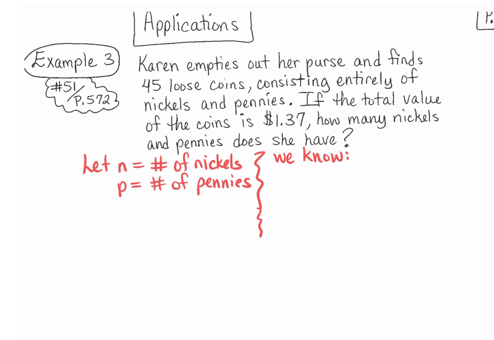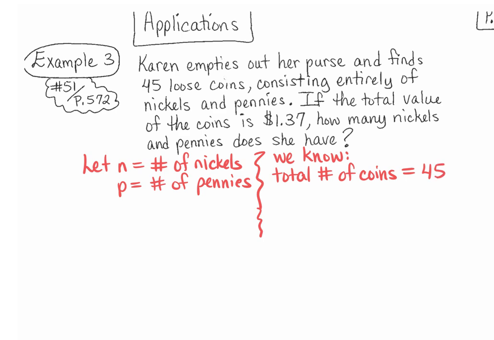What do we know? 45. So yes, we know the total number of coins. Total number of coins is what? Oh, that means how many coins we got? 45, yeah? Total number of coins is 45.